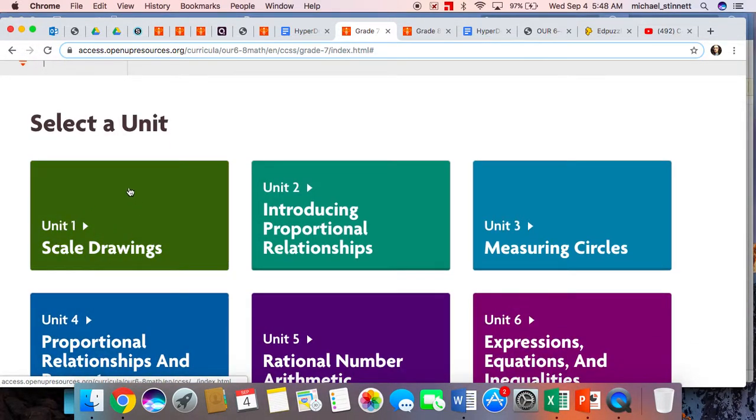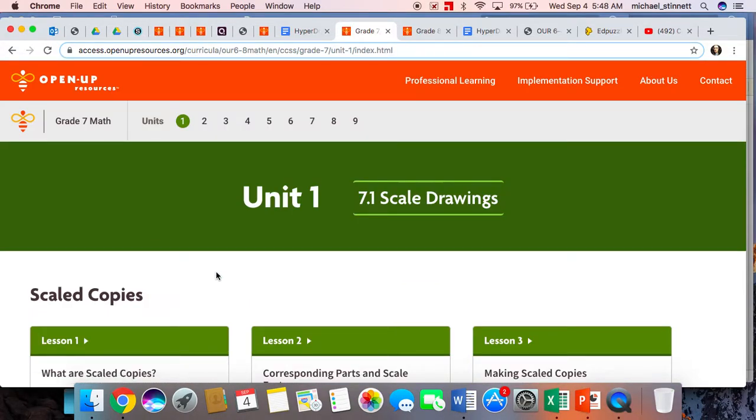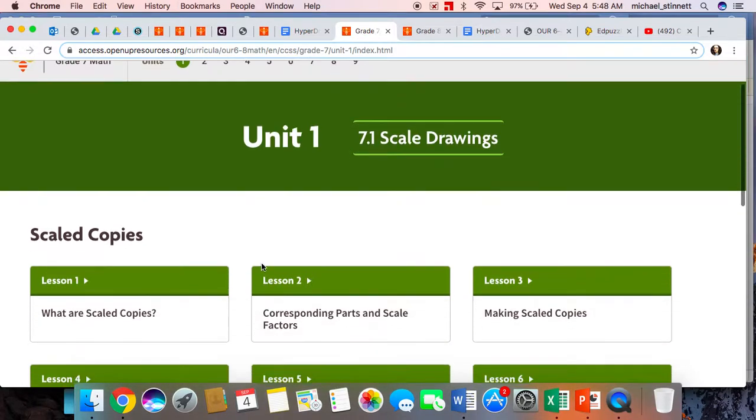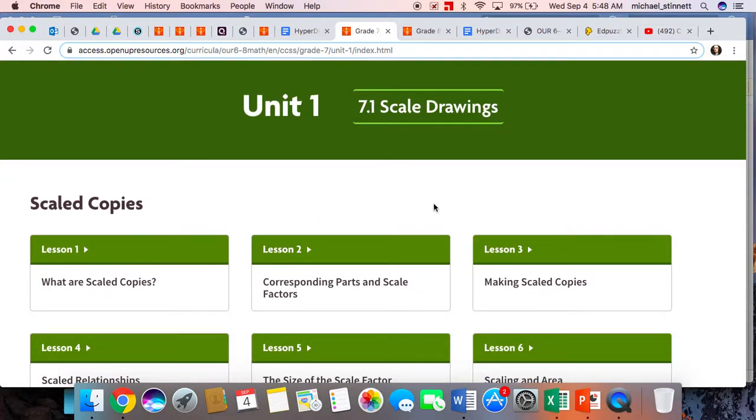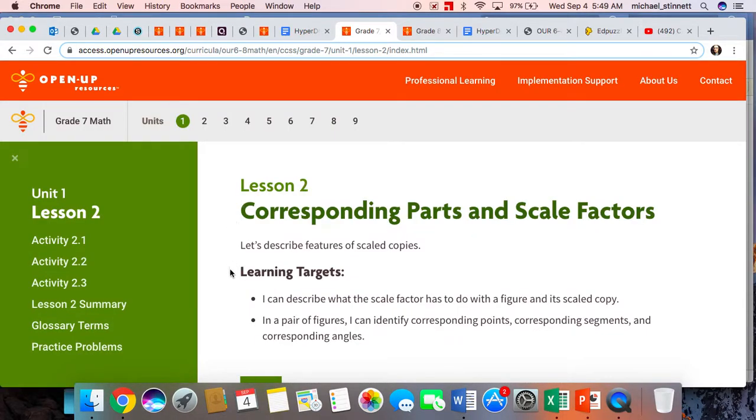We're still working in unit 1, scale drawings. So we're thinking about scale drawings, and you guys have been doing a really good job with that. So we're in lesson 2 right now, corresponding parts and scale factors. Lesson 2.